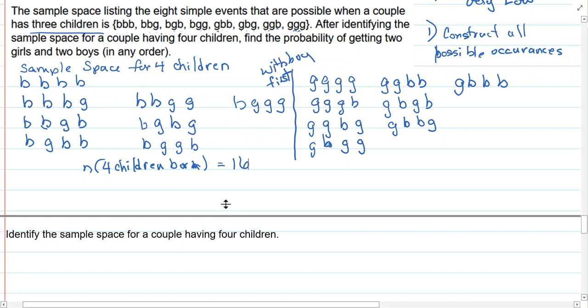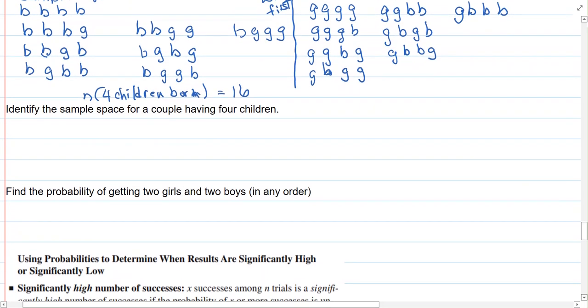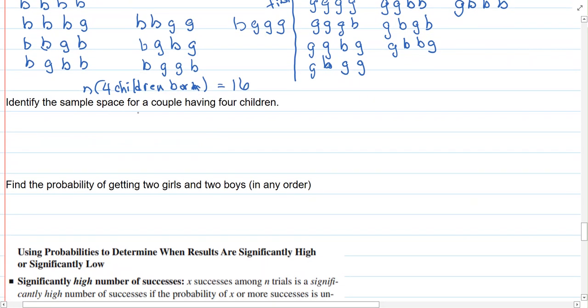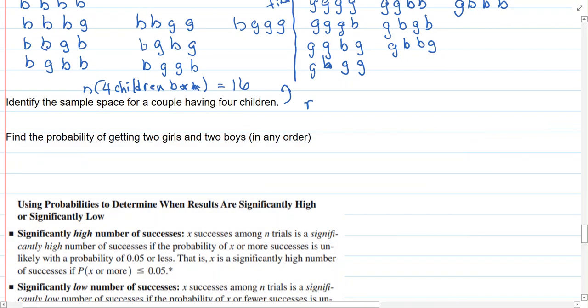So let me put this closer. All right, so we can have an idea. Identify the sample space for the couple having 4 children. So we did that just above. Find the probability of getting 2 girls and 2 boys in any order.